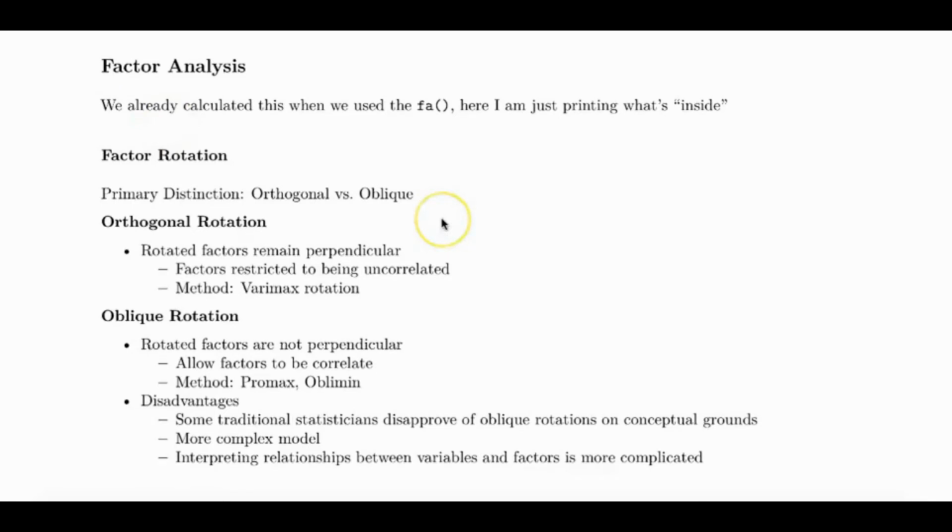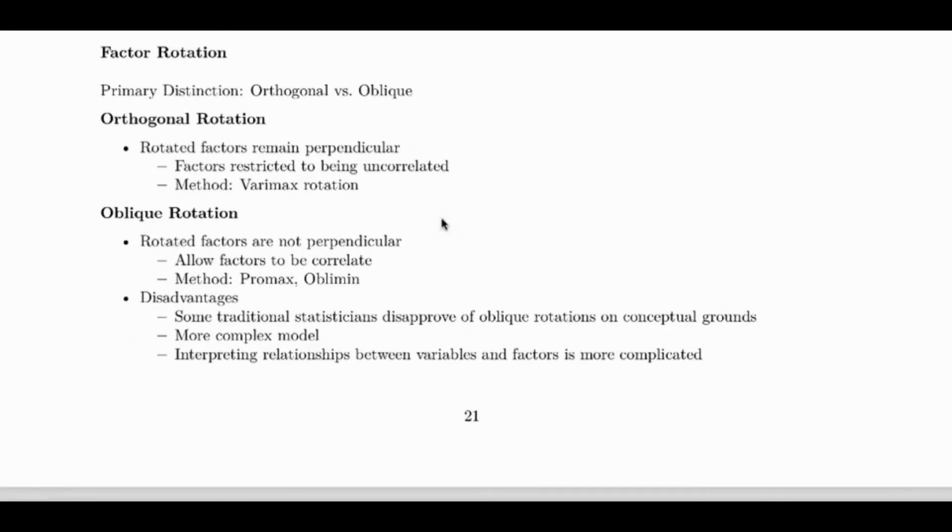So factor rotations, you have 2 options. The rotation can be orthogonal or it can be oblique. With the orthogonal rotation, the factors will remain perpendicular, and it's ideally used for when your factors have to be uncorrelated, which might not make a lot of sense to you, but there are sciences where you would want them not to be correlated. And the method you would use for that would be Varimax.